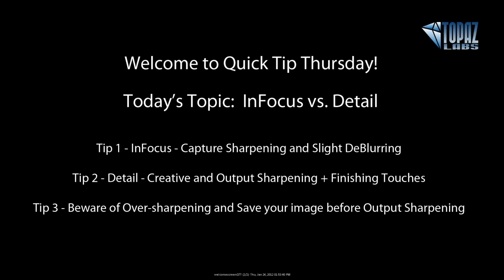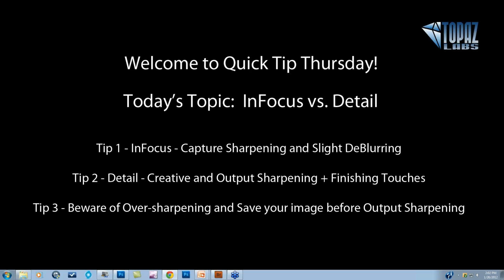InFocus is intended for capture sharpening and slight deblurring, but today we're going to be focusing on the capture sharpening part. Capture sharpening is used to account for the slight blurring that happens within digital cameras or scanners.